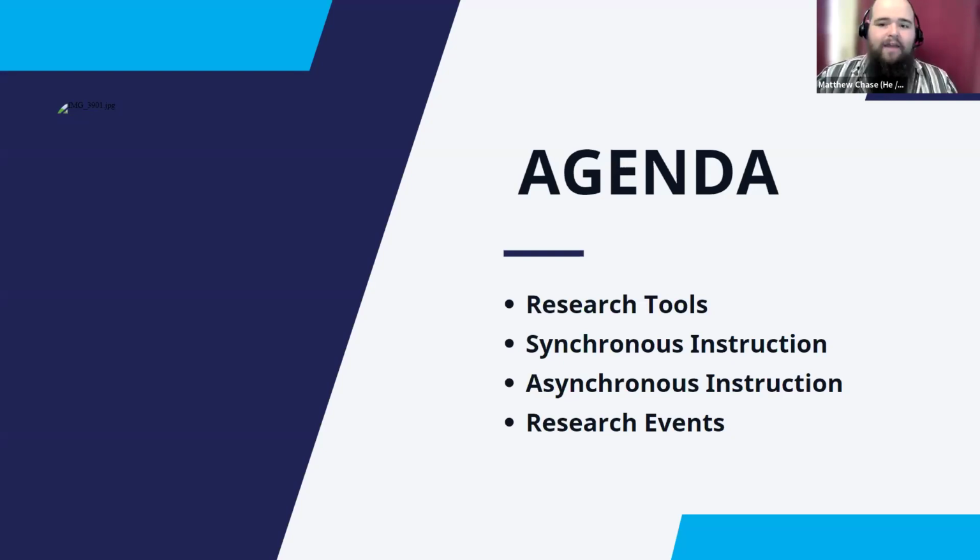For any of our asynchronous instructors out there, we also provide support, and I'll touch on how we can do that and still have that engagement with students when it comes to research skills, critical thinking skills, and information literacy. Then I'll also touch on research events, which I'll go into more in depth in a bit. So with that, we can move forward.